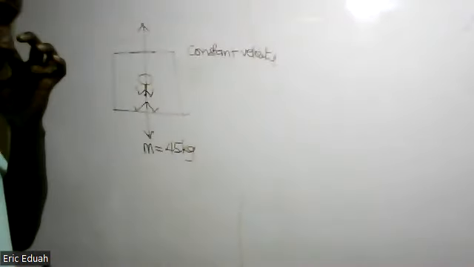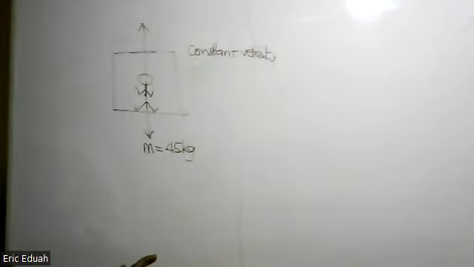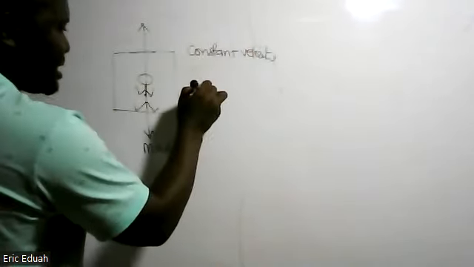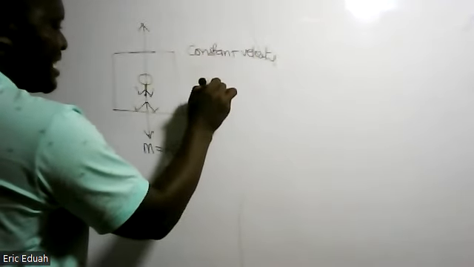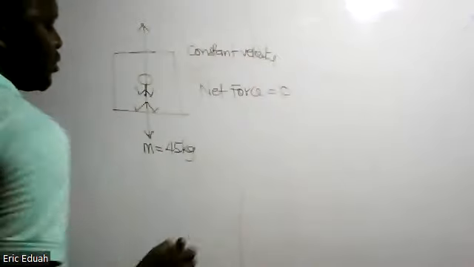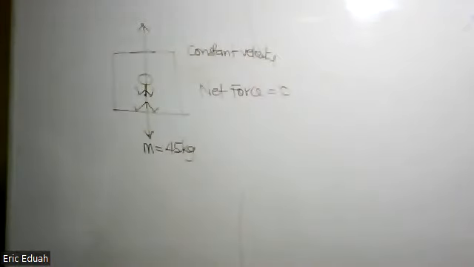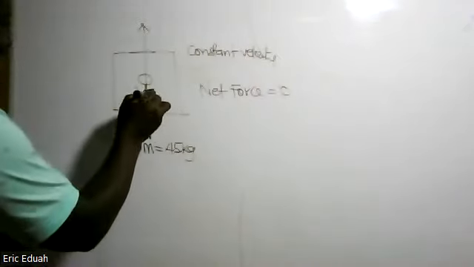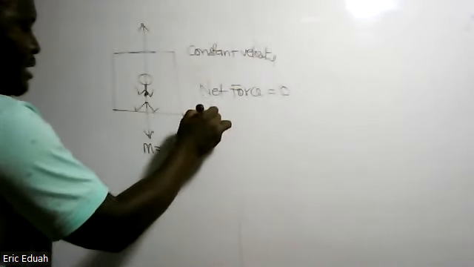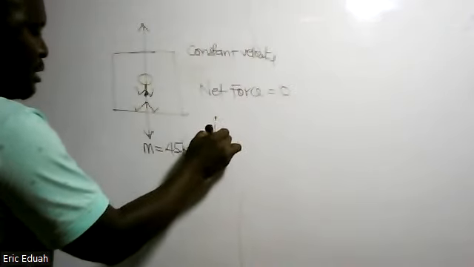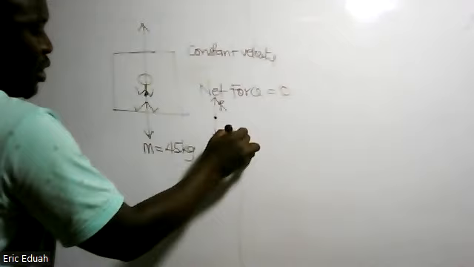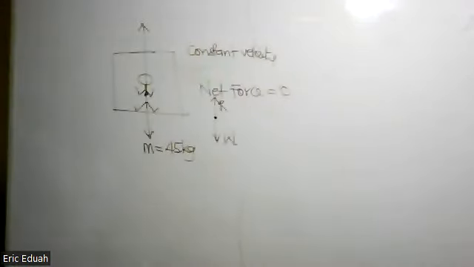Now, it also means that there is no acceleration on the body. So it implies that the net force is equal to 0. If the net force is equal to 0, then the weight of the body must balance the reaction, because the net force is 0.